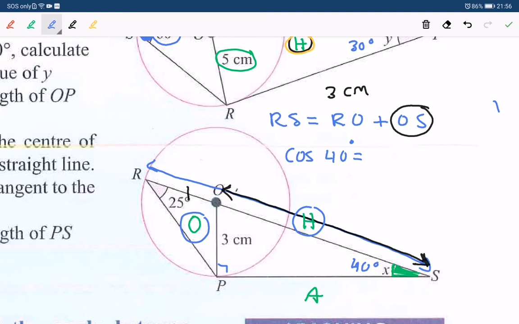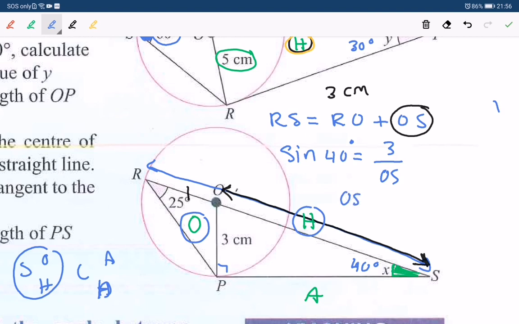So cos 40 equals... no, we cannot use cos because we have the opposite. Opposite, sin. Okay, we use sin, not cos. Sin 40 equals opposite 3 over hypotenuse, which is our OS.